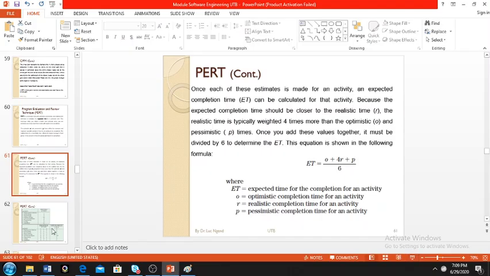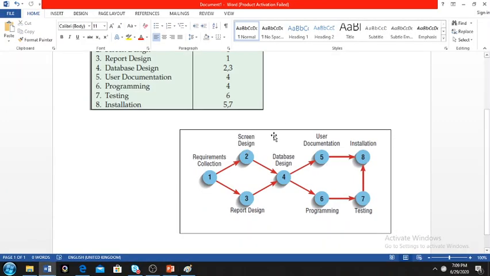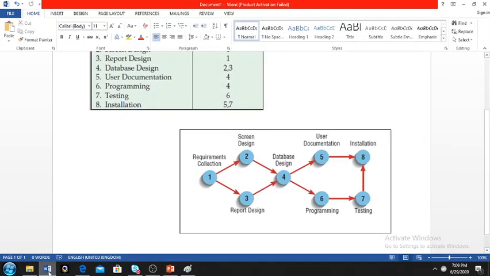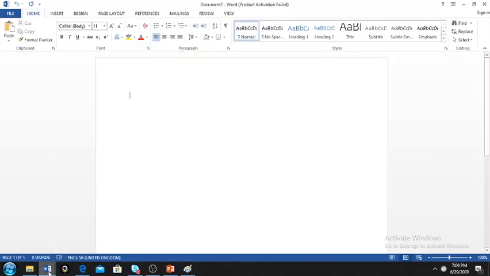If you have a triangular distribution, you have O optimistic plus R plus P divided by 3.